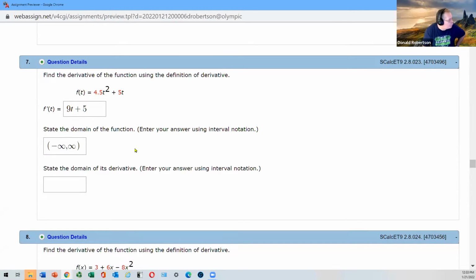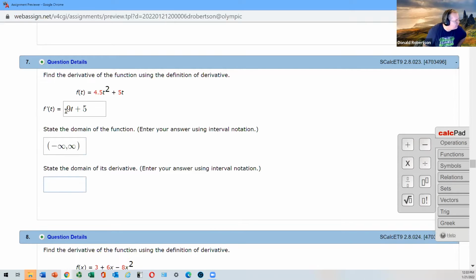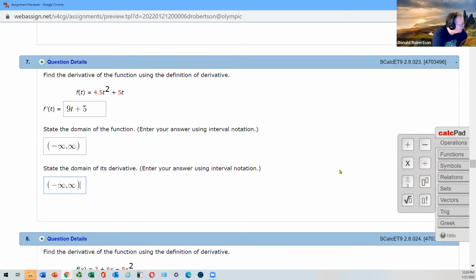Would you agree that the derivative function has the exact same domain as the original? Would you agree that you can evaluate that for any value of t you like? And so that is your answer. It's not true that the domain of the original and the domain of the derivative are always going to be the same thing, but a lot of the time it will be.